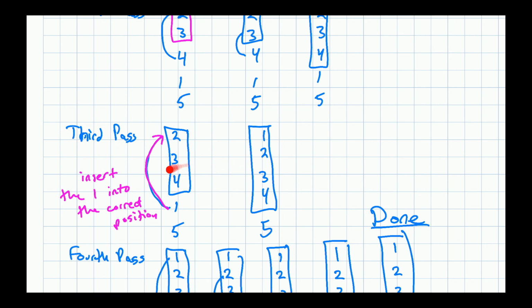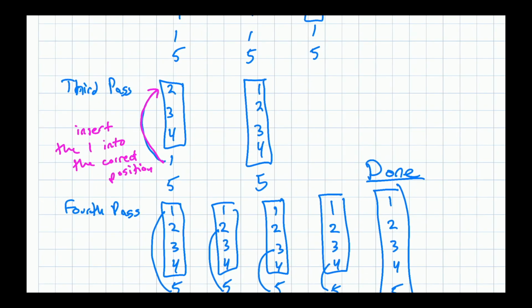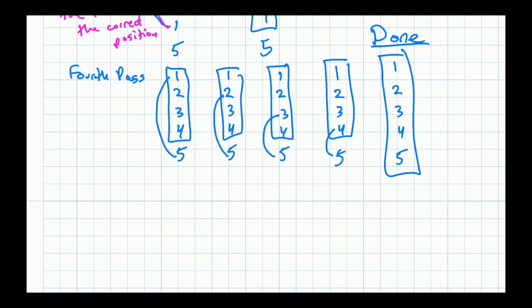And that actually made this a short third pass. Whereas the 5 is in the correct spot, and that actually made the fourth pass really long because it was already in the correct place. And so the point that I'm trying to make here is that the closer your list is to being sorted, the worse insertion sort is, right?